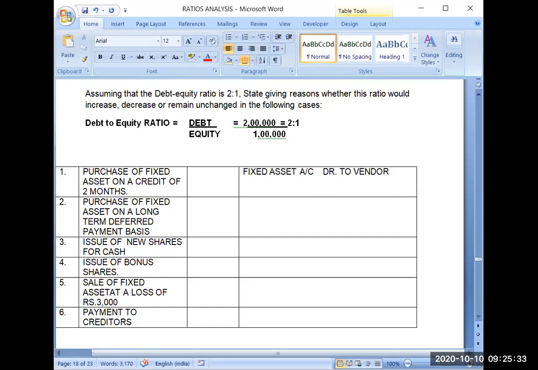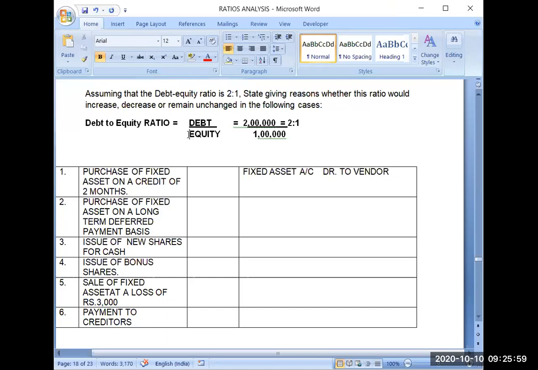Now, due to this entry, what will happen? First thing, your fixed assets will increase. But if you will observe the formula, neither debt nor equity, they both don't have any value of fixed asset. So even though your fixed assets are increasing, it will not affect your value of debt or equity.